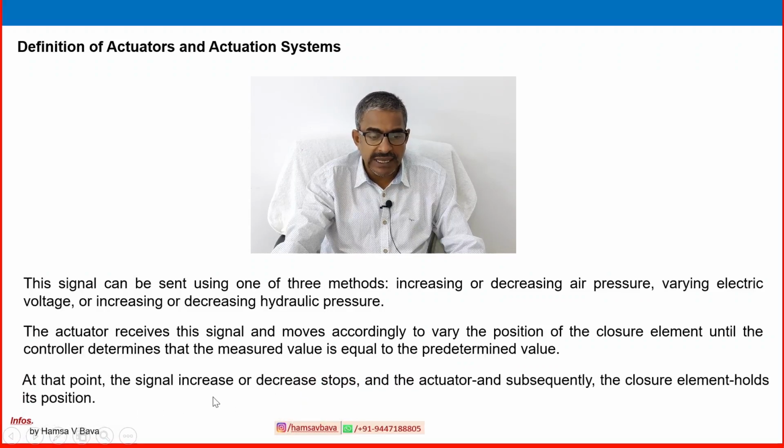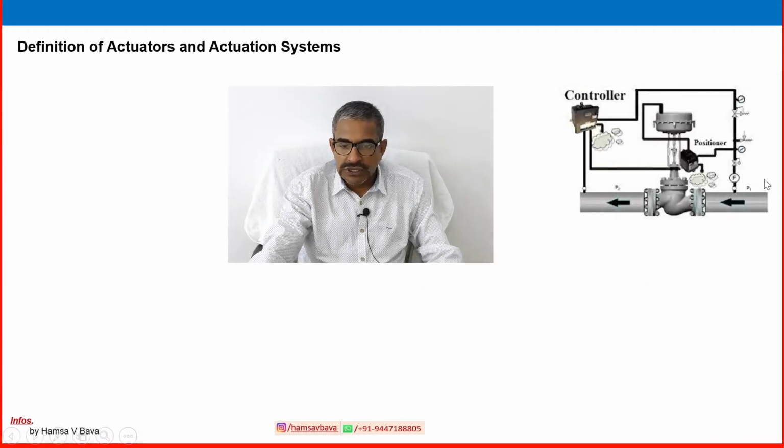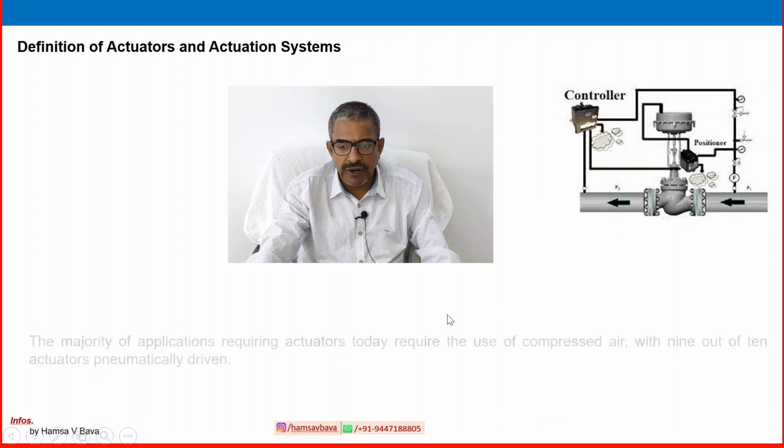At that point, the signal increase or decrease stops, and the actuator and subsequently the closure element hold their position. So this is the controller and actuator shown in another way, and the positioner is also shown, which we will discuss in detail in our coming videos.